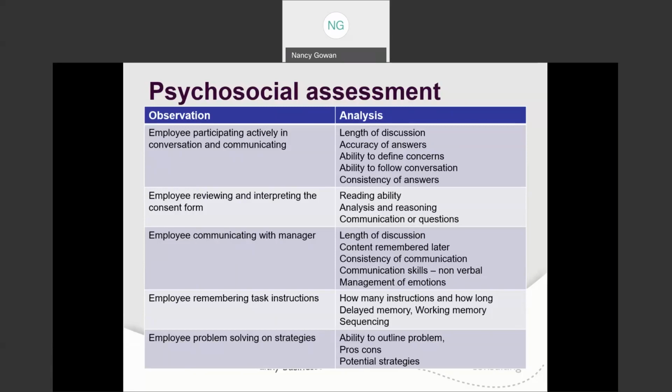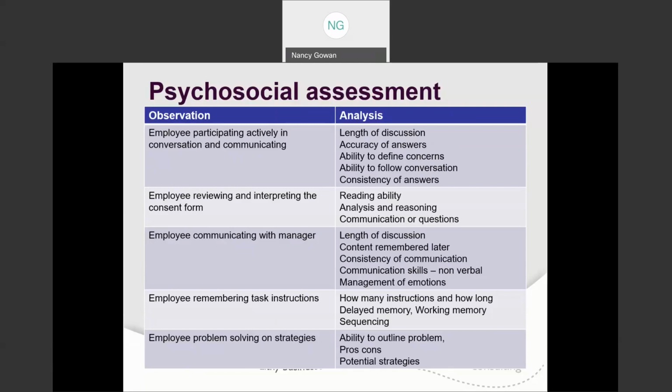You may have a bit of a conversation and then ask them to complete that task. Do they remember those instructions? Are they able to analyze things while they work through? Can they use information you might have provided prior to be able to work through those tasks? Are they sequencing the tasks in the way that you've instructed them?